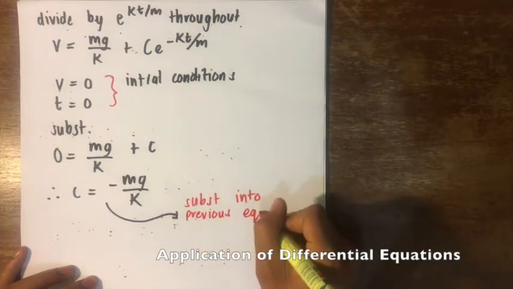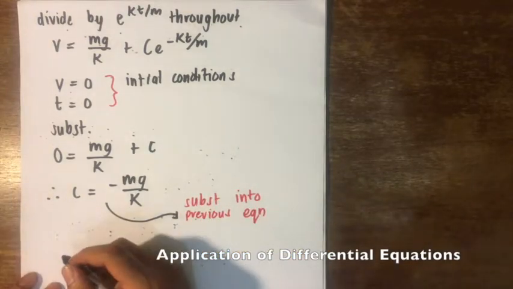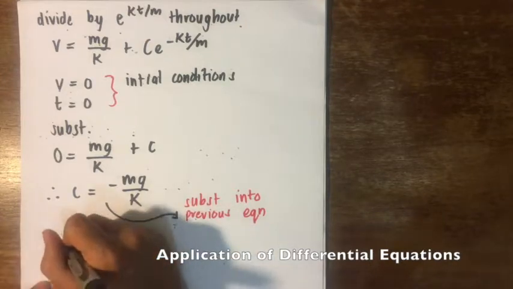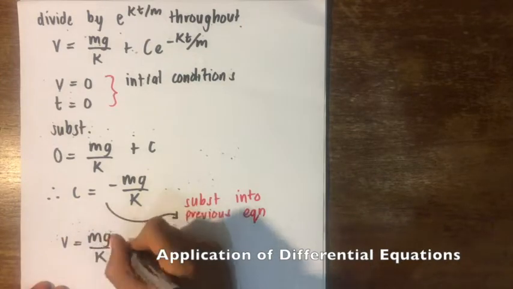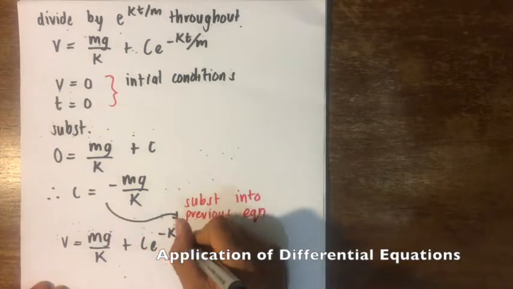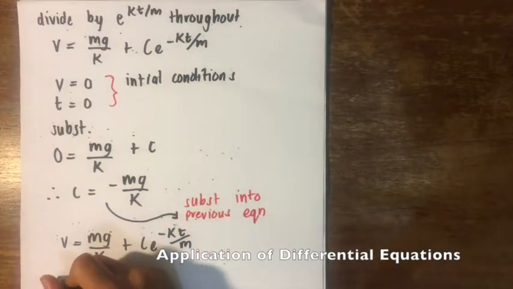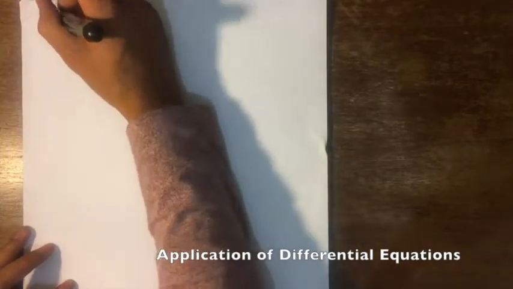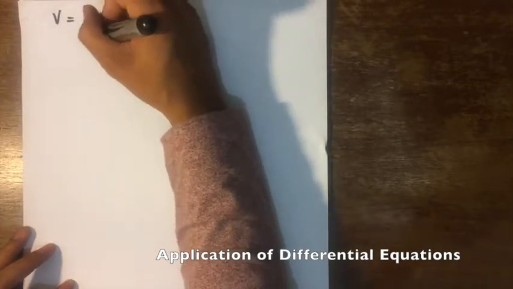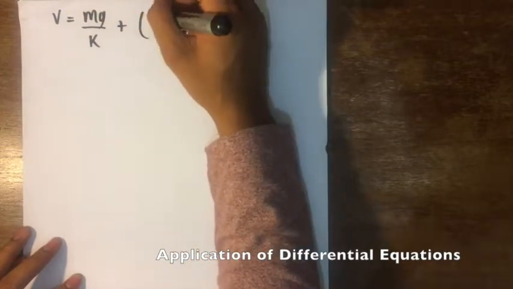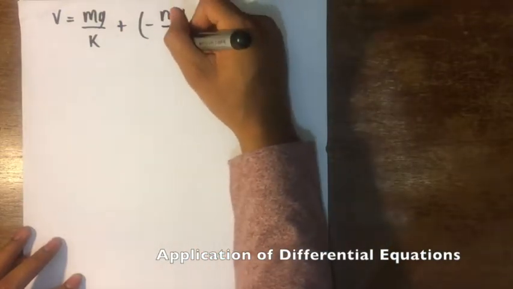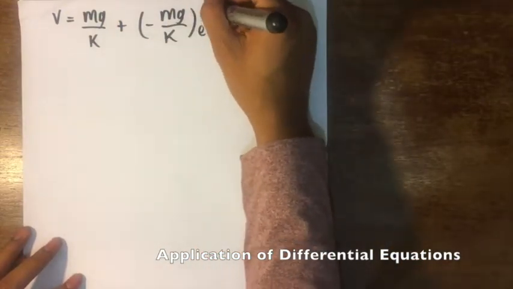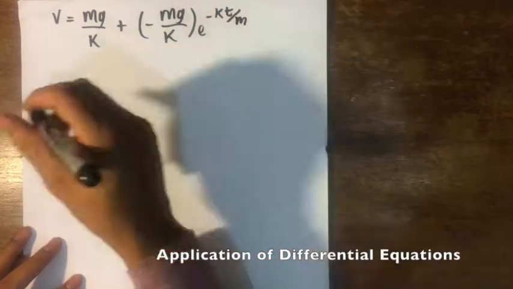And we then substitute it into our previous equation. We then take mg over k out as a common factor.